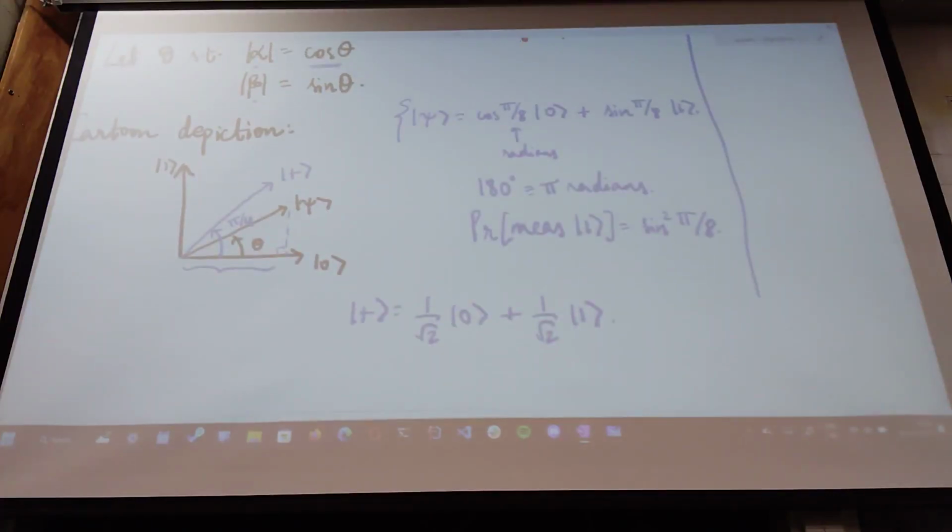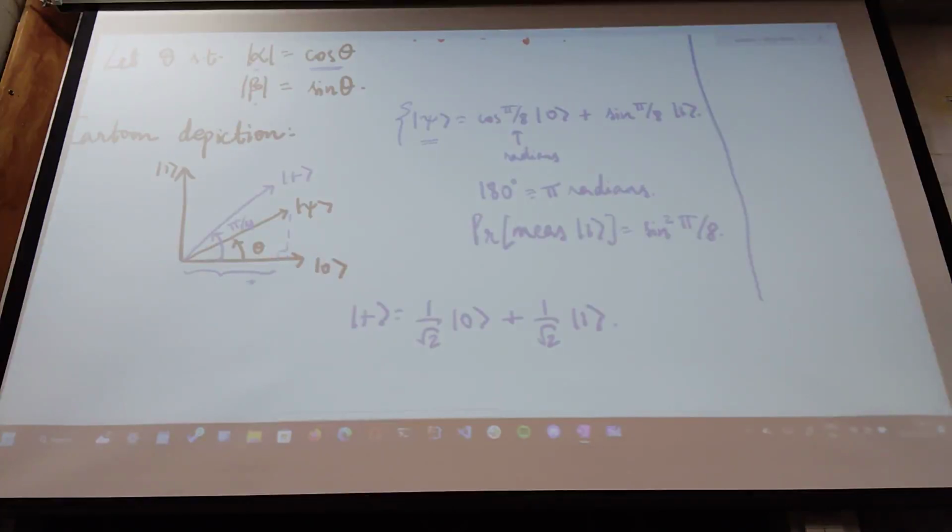What would the probability of measuring psi in the plus state be, using this sort of visual analogy? You project psi onto the plus vector, and then what are the components areas?